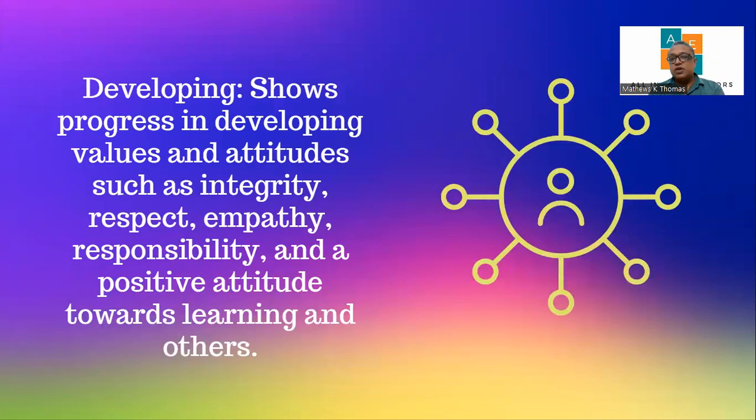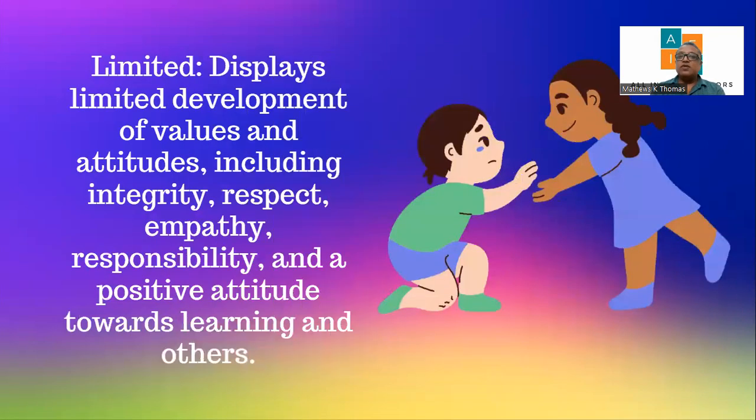So when you are giving developing, B, or progressive or whatever it is, we have to give the grades based on this. So if you are giving C, then the C means this: displays limited development of values and attitudes. Okay, there is less empathy.